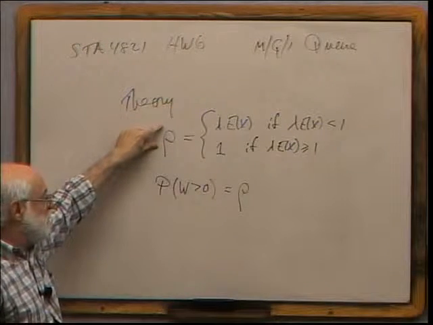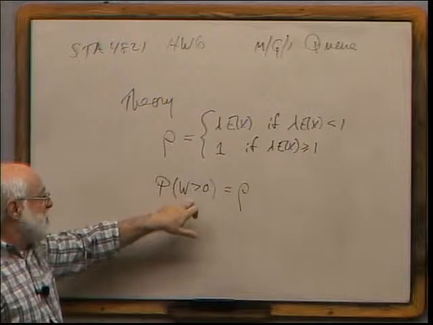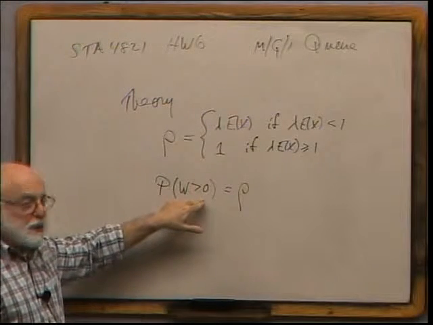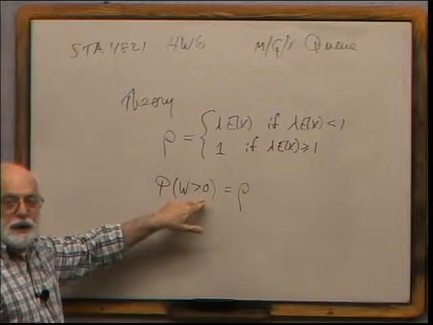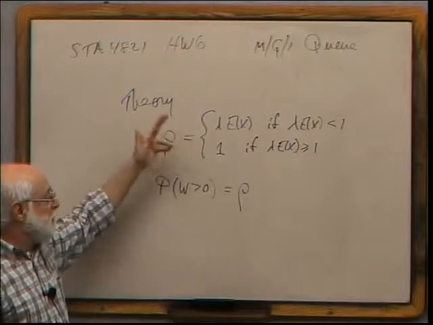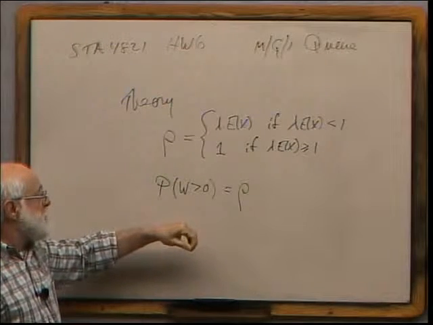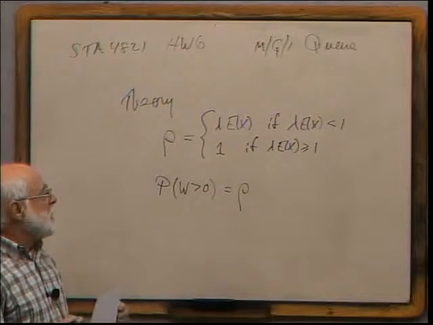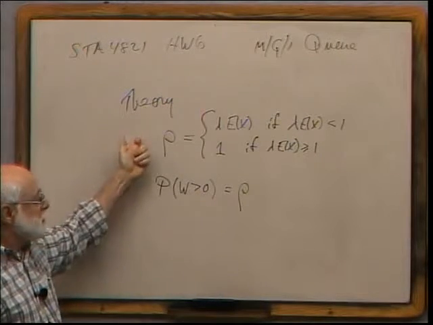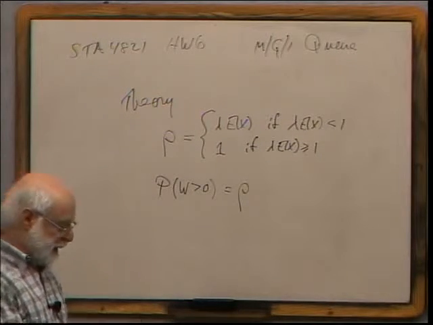And this is calculated by counting how many customers have to wait, dividing by the total number of customers. Because we have Poisson input, PASTA says they're the same thing. So this is sort of interesting. At least in the case of the utilization, it's insensitive to that. Okay, so let's go to the next thing.